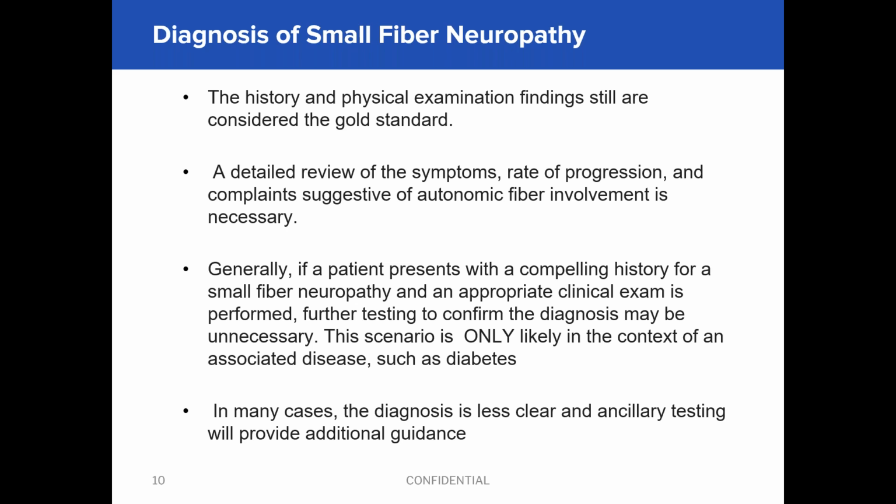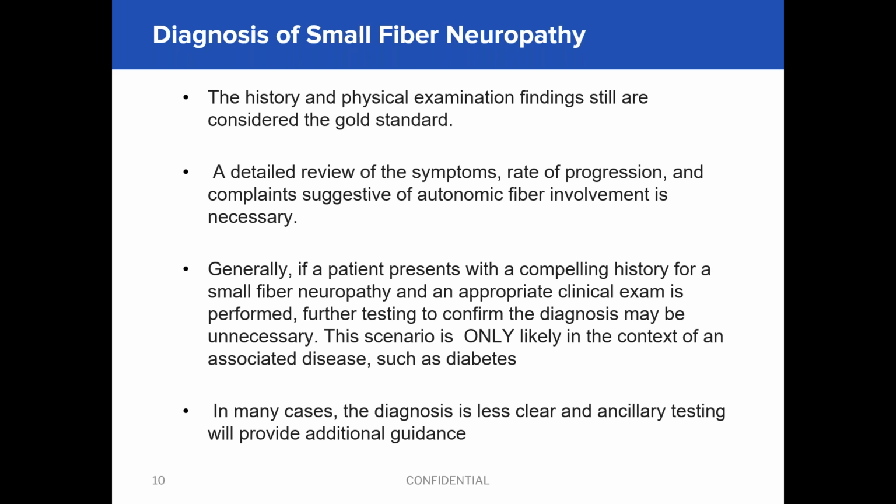Is it suggestive of autonomic fiber involvement, or is it more small fiber neuropathy? Generally, if the patient presents with a history suggestive of small fiber neuropathy and the appropriate clinical exam is performed, leading you to think that yes, there's small fiber neuropathy, you do need to do further testing to confirm the diagnosis.